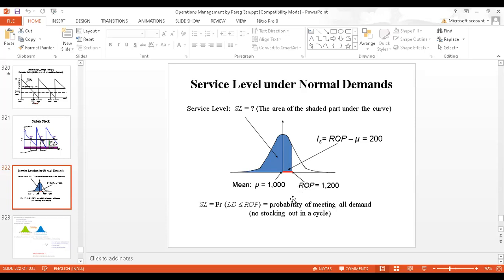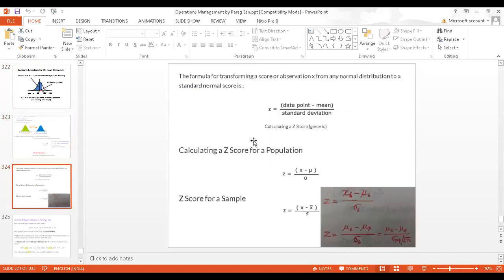So reorder point minus mu is very much similar to this: X means the exact data in the series that you are considering, and there you are considering the reorder point.